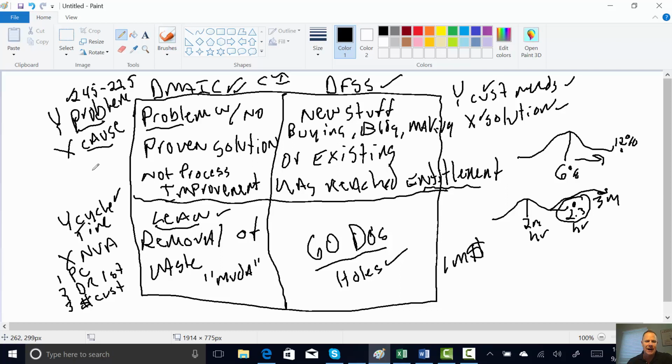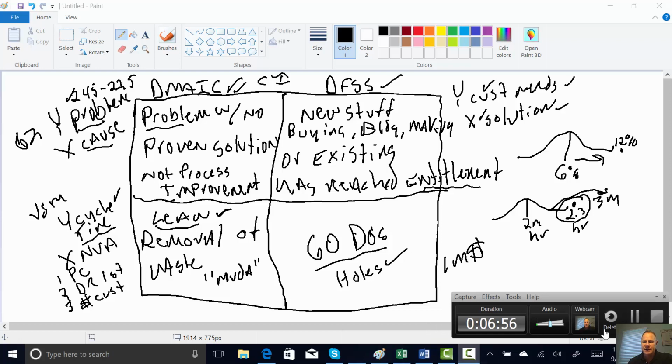Let's say it takes too long to hire somebody. So my problem is it takes, let's say, 62 days to hire somebody. Well, you just mentioned cycle time. So I definitely expect you to use some of the Lean tools. For example, a value stream map would be very important at this point. So these are the 4 methodologies of continuous improvement, and we're on to the next subject.